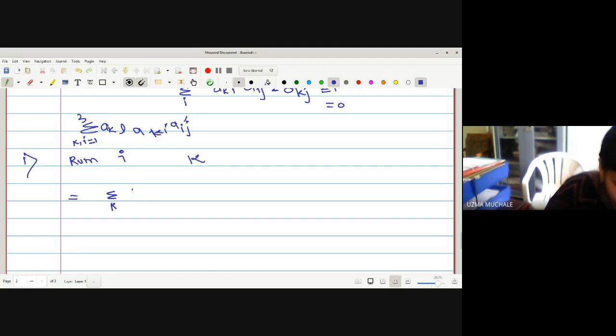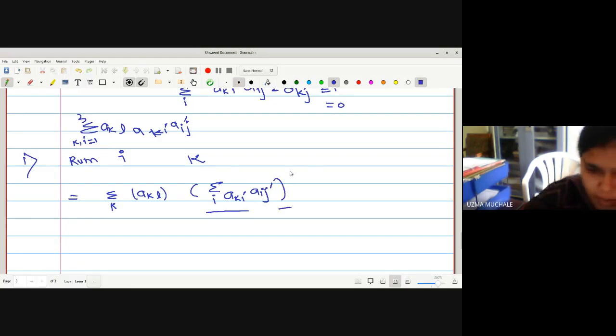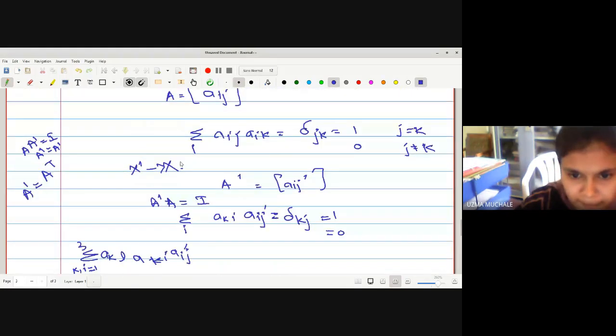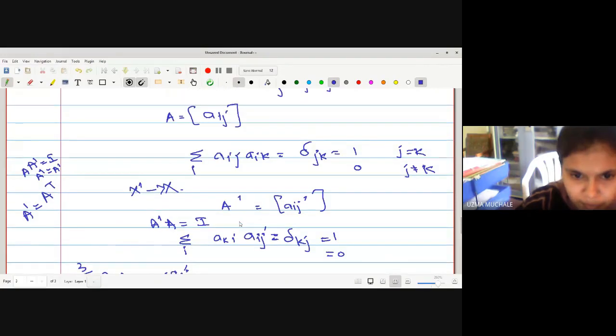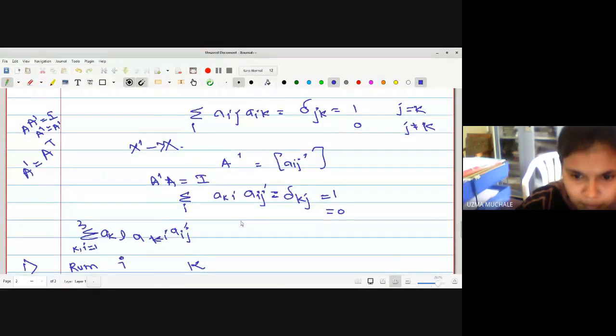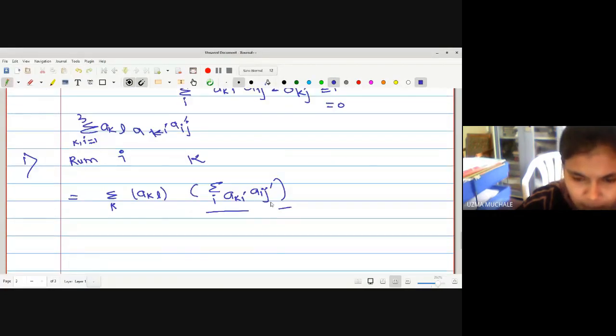Summation over k, akl, this summation over i. First I will run the summation over i: aki aij dash. Okay, what is the value of this term we have written? This is equal to delta jk, aki aij dash.